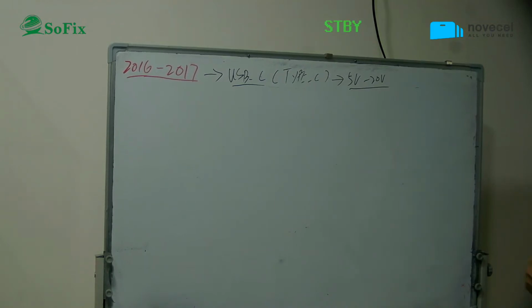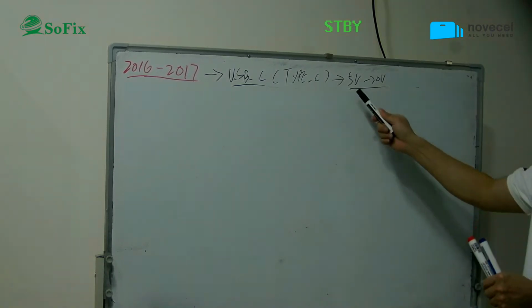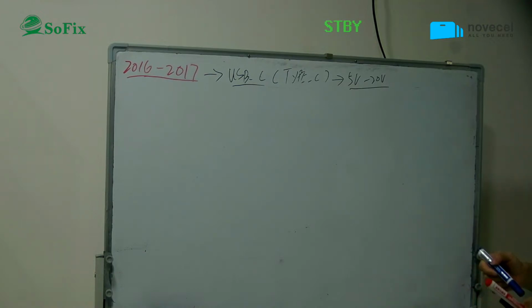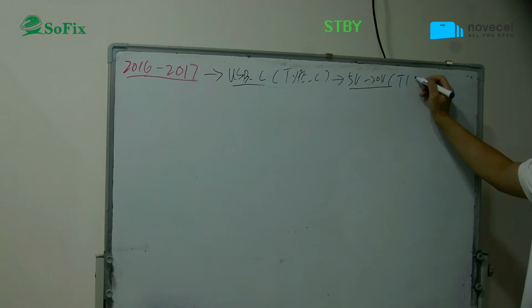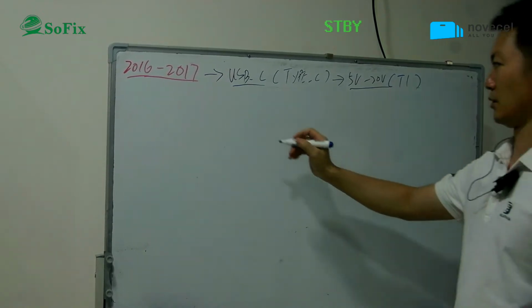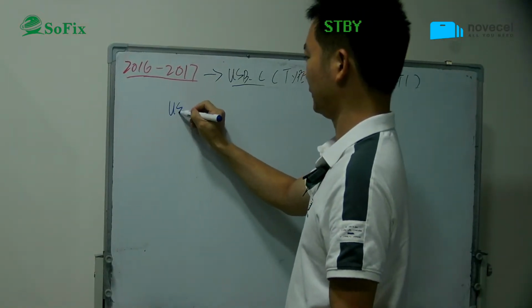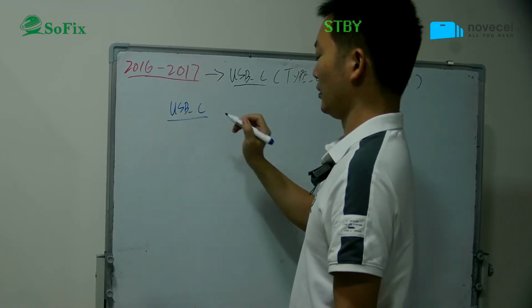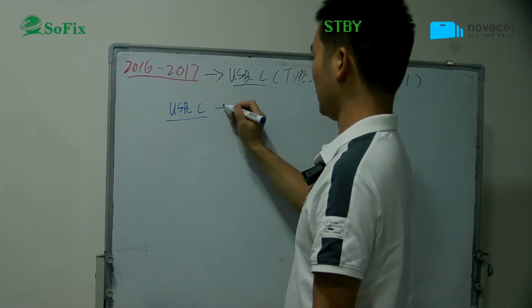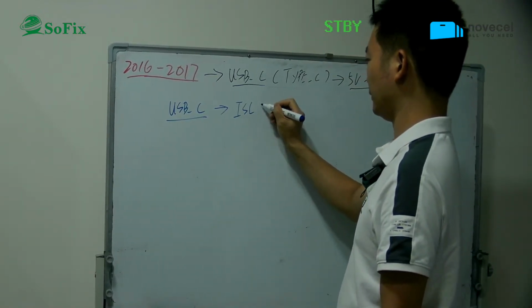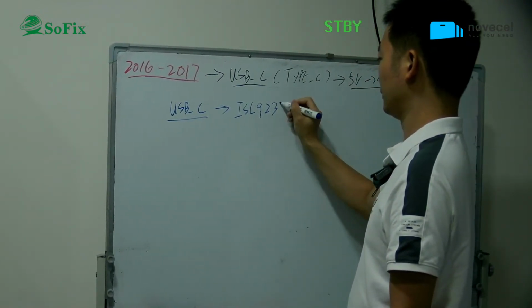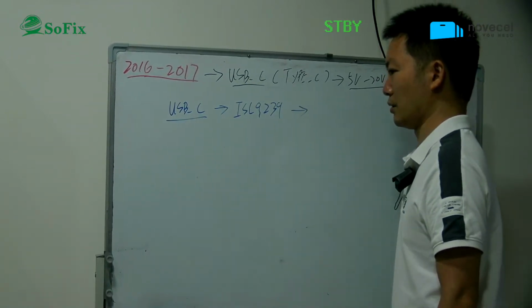Before I tell you this socket, or which IC controls the T1 model: the T1 model, USB-C, then T controls the charger IC.